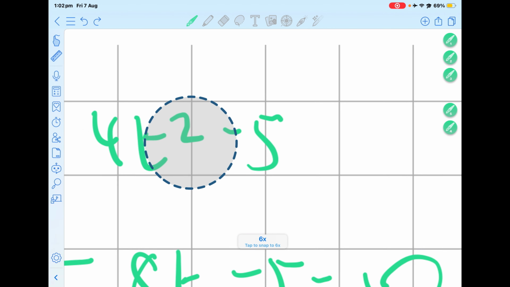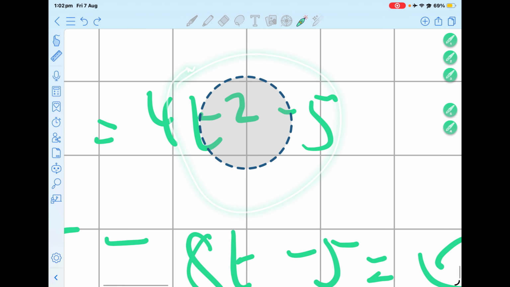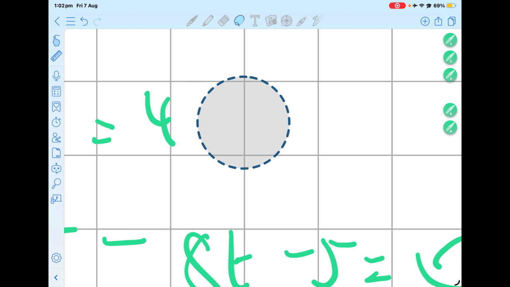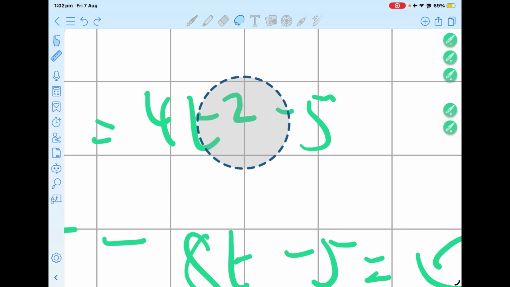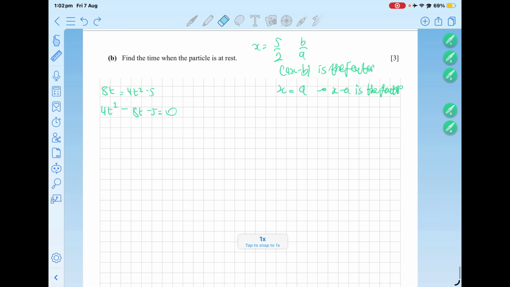What is this? It isn't even erasing anything. How do I remove this thing? Oh, it disappeared. Let me try that again.